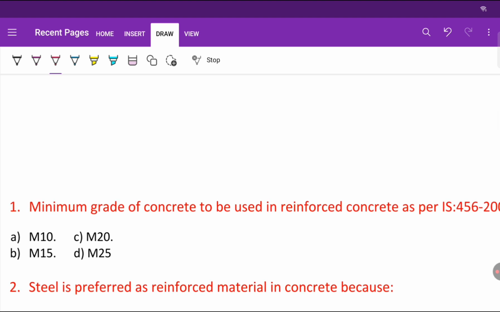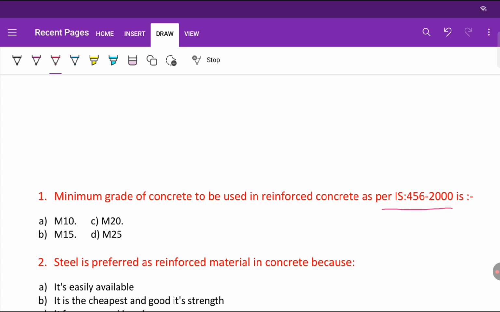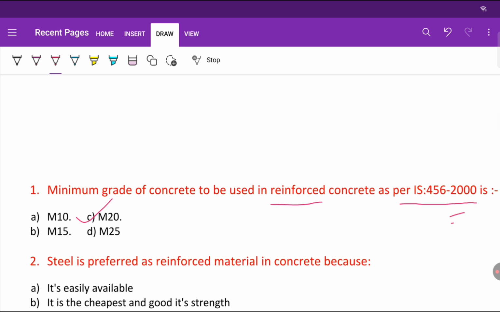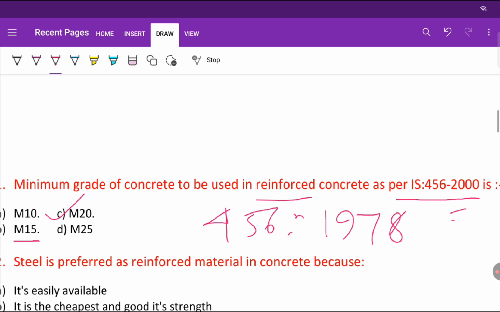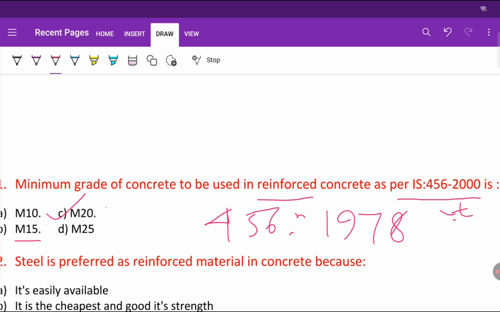The first question is, minimum grade of concrete to be used in RCC as per IS 456-2000 is? So minimum grade of concrete as per IS 456 to be used in RCC work is M20, right? But in the earlier IS code, IS 456 1978, the minimum was M20. Now in the recent edition, M20 onwards, nominal grade of concrete can be used, right?